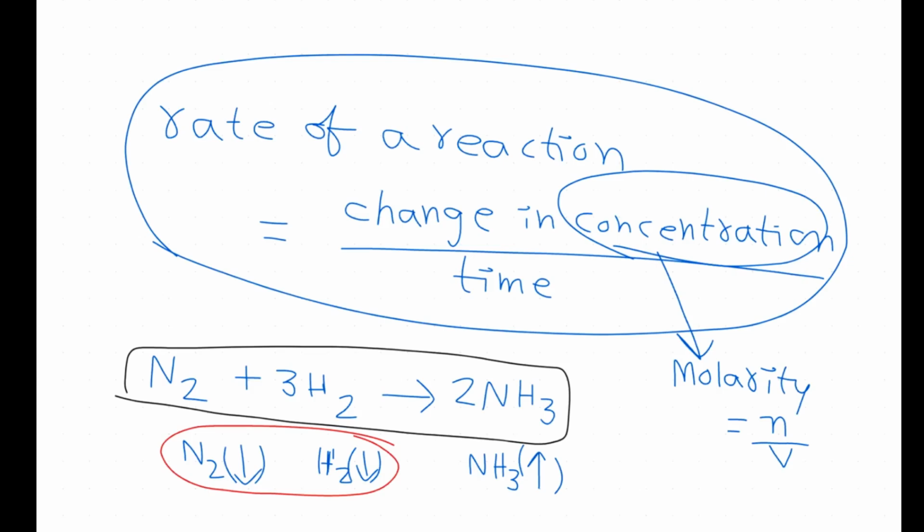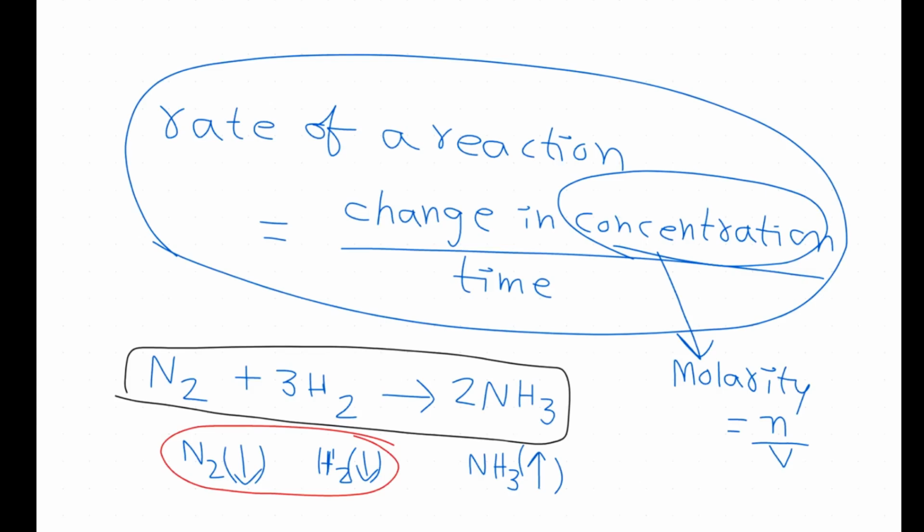That means H2 decrease is more, the amount of consumption of H2 is more compared to the amount of consumption of N2. This point is very important. You understood or not? If you don't understand, ask me, I'll tell again.